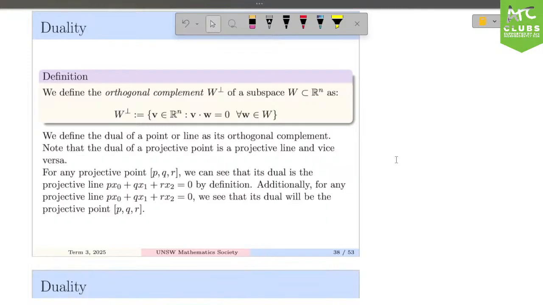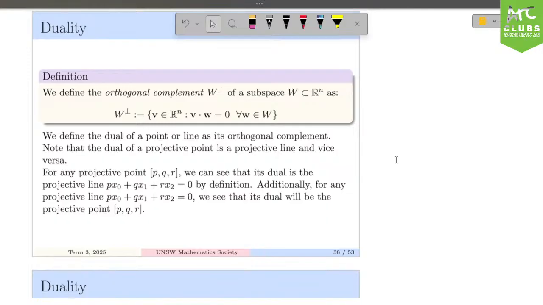If we have a projective point A, B, C, then its dual is going to be the set of points ax0 plus bx1 plus cx2 equals 0, because this is basically the equation for a dot product. It comes out of the other definition for a plane in R3.